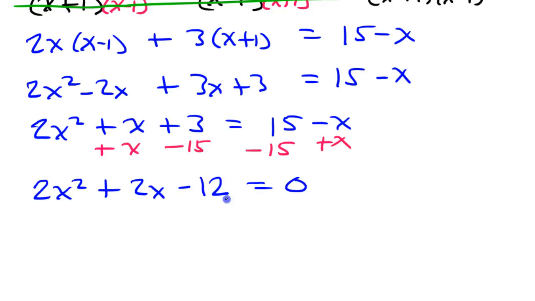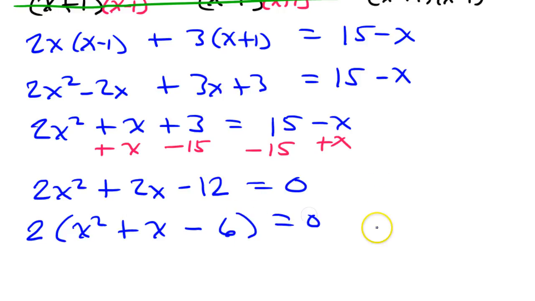I'm noticing there's a common factor of 2. So it would be in my best interest to factor out the 2. So that would be 2 times x squared plus x minus 6 is equal to 0.